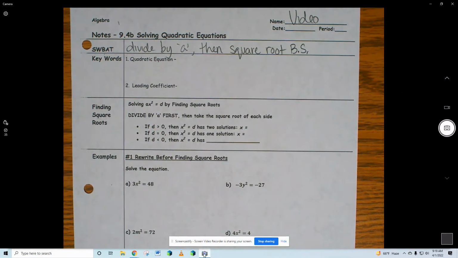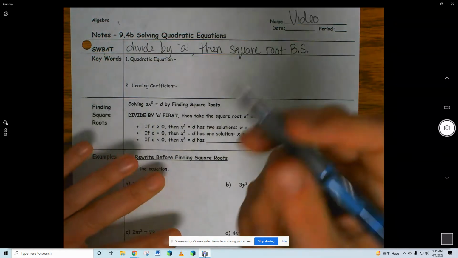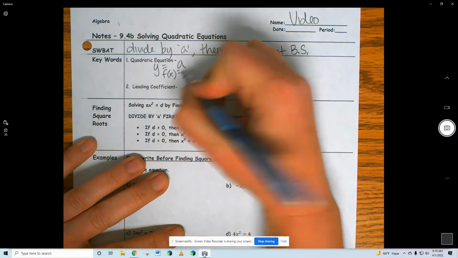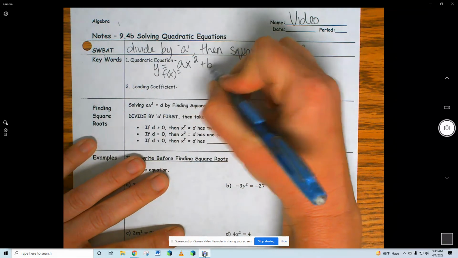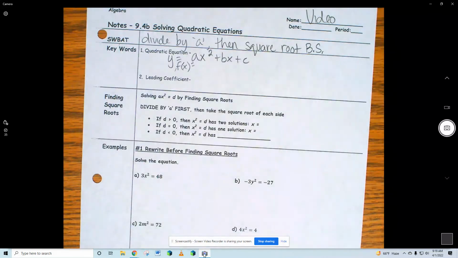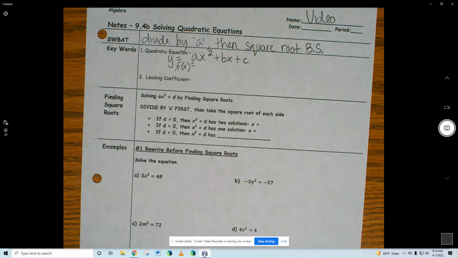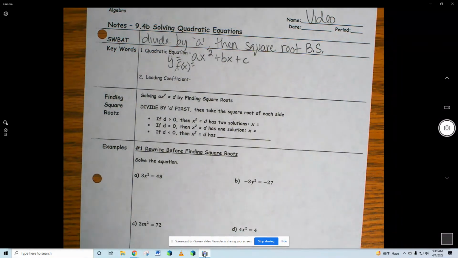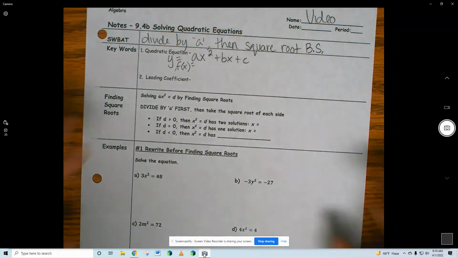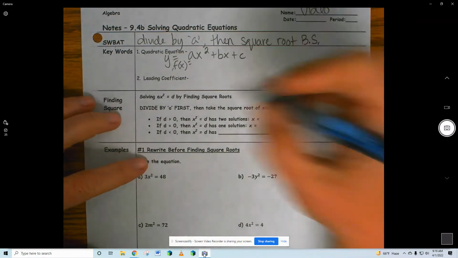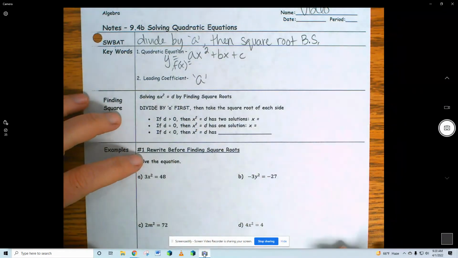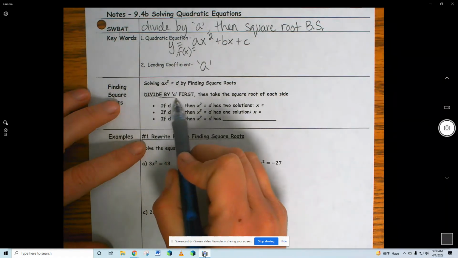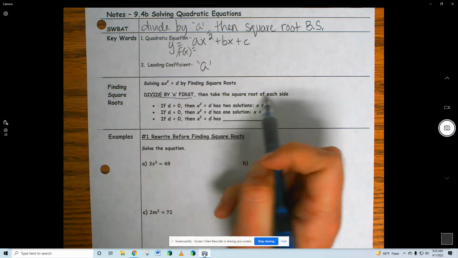My quadratic equation, standard form, is either y equals or f of x equals ax squared plus bx plus c. And the leading coefficient is just a. So here's our task. Divide by a first, then take the square root of each side.